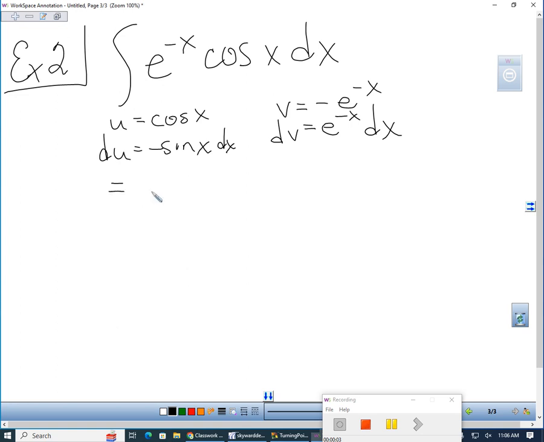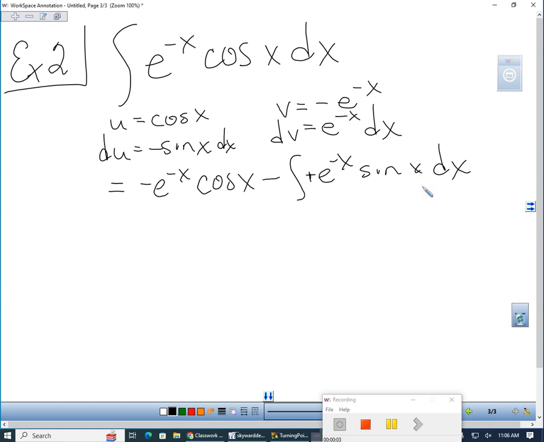So we have u times v, or negative e to the negative x cosine x, minus the integral of v, negative e to the negative x, times du, which is negative sine x dx, which is going to make that a positive. So we all okay?